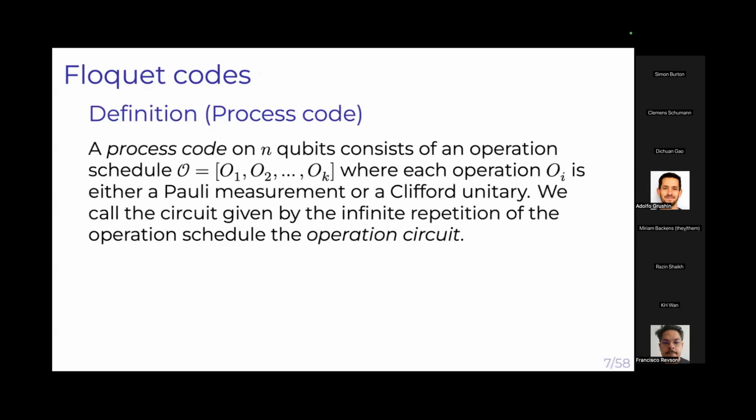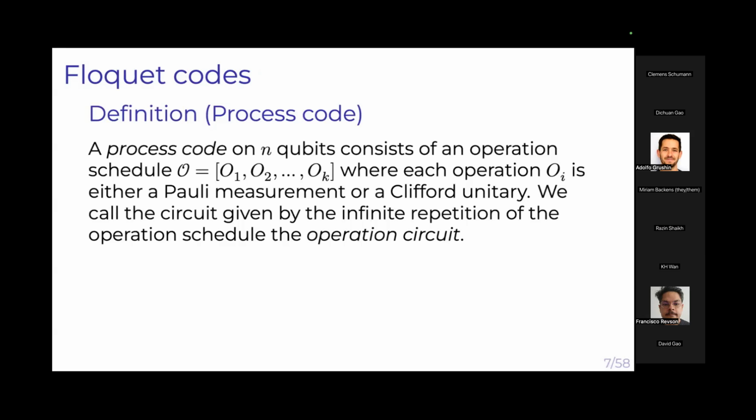Okay, just another quick terminology: Floquet codes, or we might refer to them as process codes. We have an operation schedule, which is a list of operations. Each of these operations is either some kind of Pauli measurement, which can be of any weight, so it could be a very big Pauli measurement as well, or it can be some Clifford unitaries.